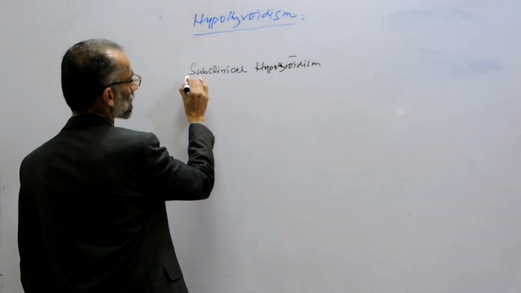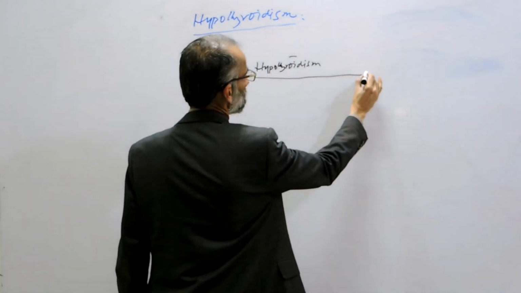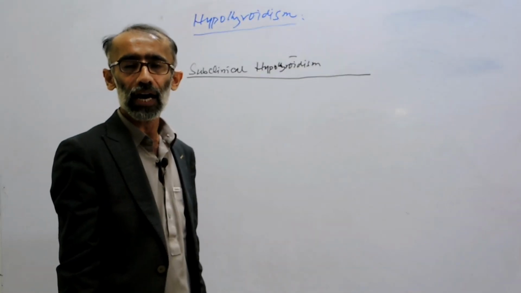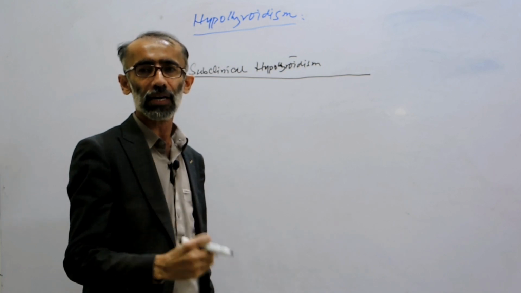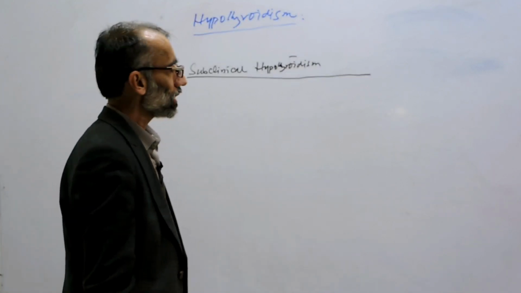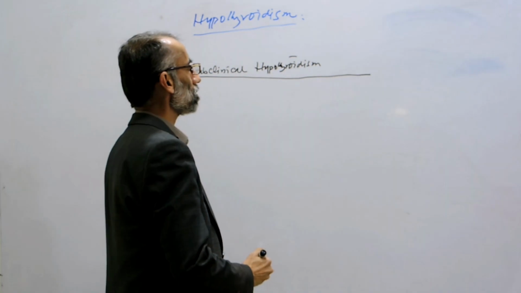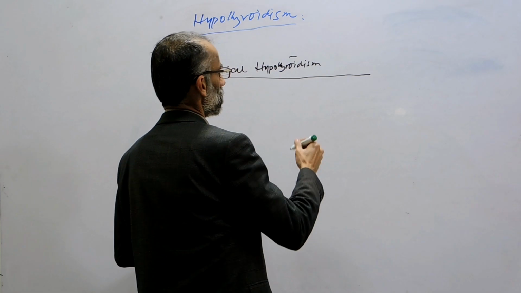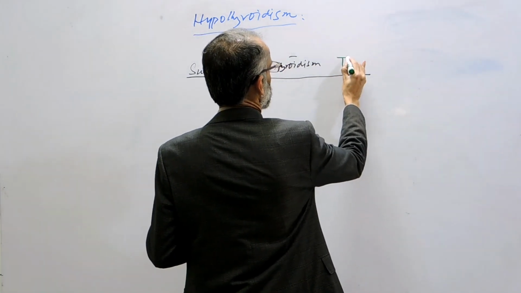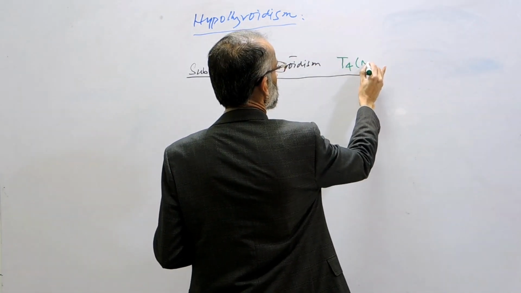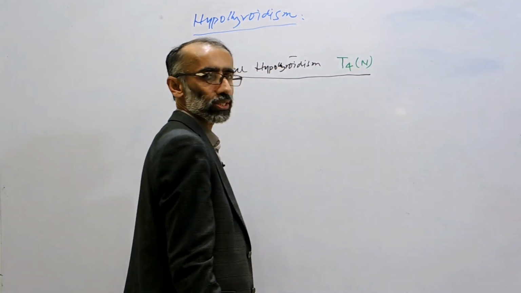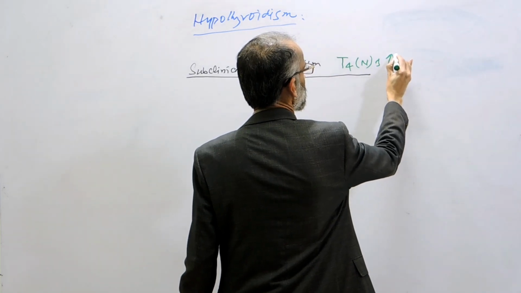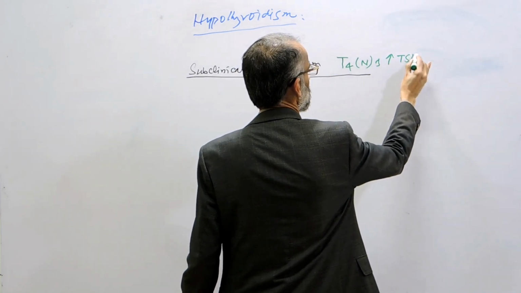Subclinical hypothyroidism is a compensatory form of hypothyroidism, a mild form of hypothyroidism, characterized by normal T4 and elevated TSH.